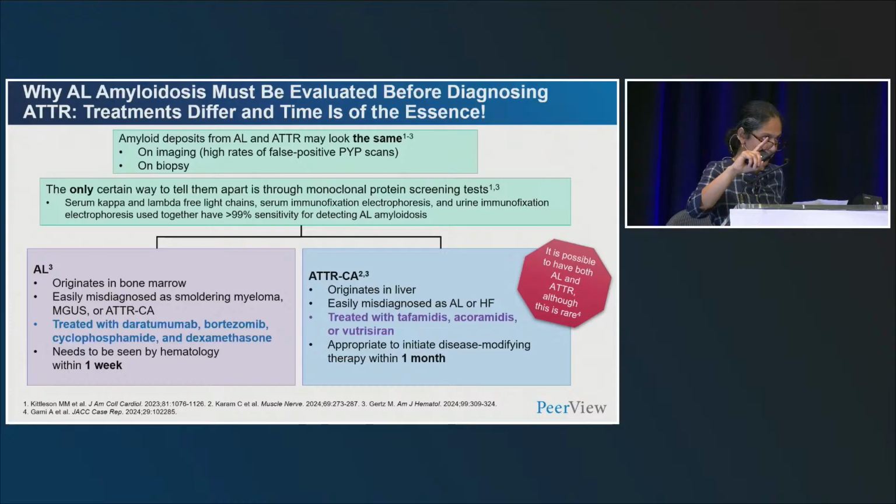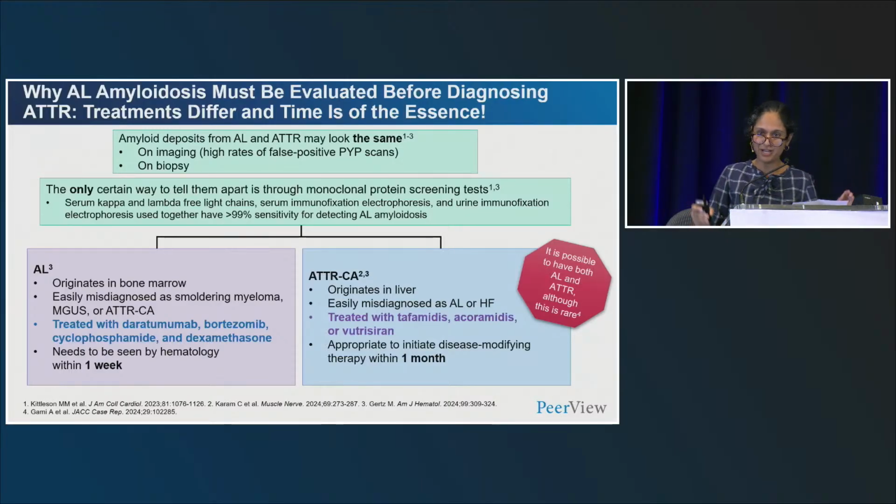And here's the scary thing. We'll talk about the technetium scan, the radionuclide scintigraphy scan. In 10 to 20% of patients with AL, it can be positive. So while that scan is ostensibly diagnostic for ATTR, and it is, it is only in the presence of a negative screen for AL.